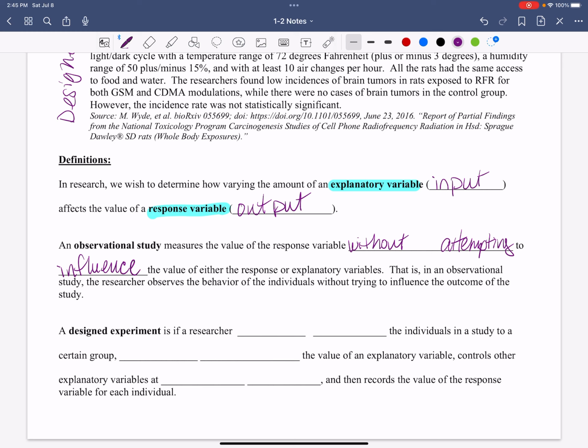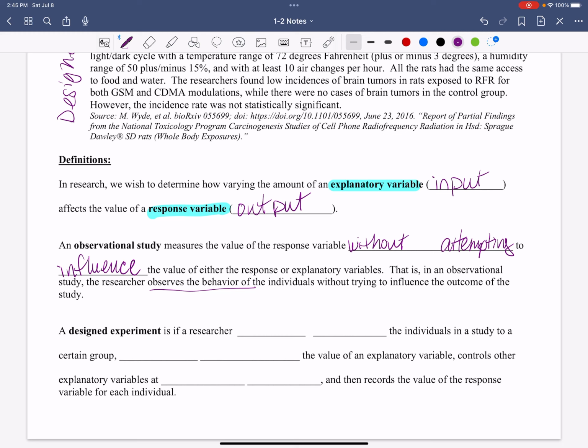That is an observational study. So what do you do when you observe? You sit back and watch, right? In an observational study, the researcher observes the behavior of the individual, just observes without trying to influence it. So I'm not trying to make something happen here. I just am sitting back and seeing how it all plays out.